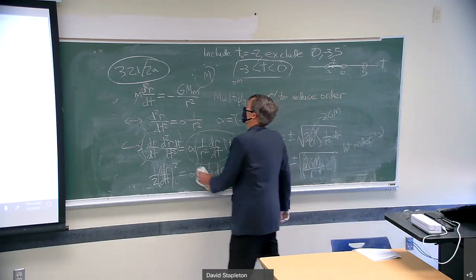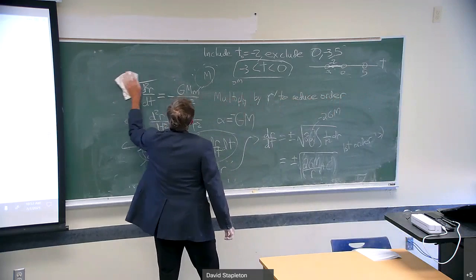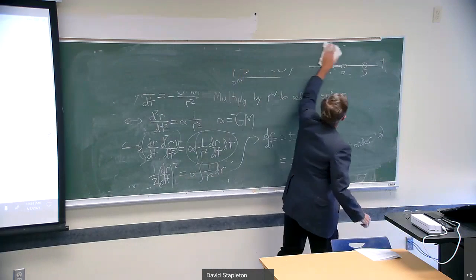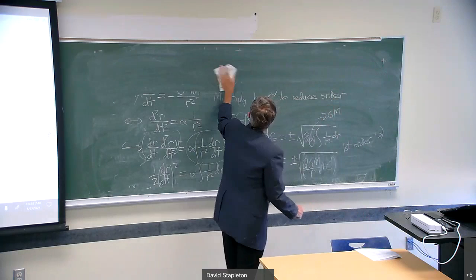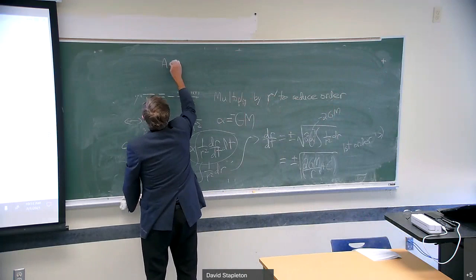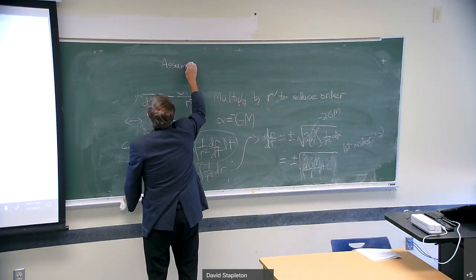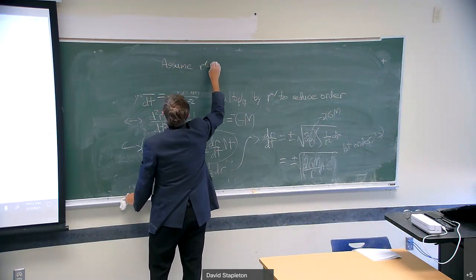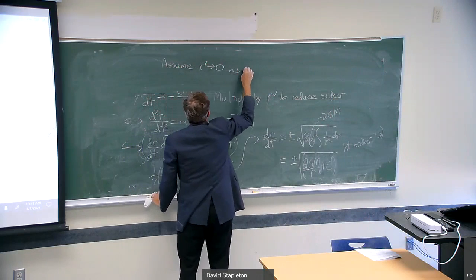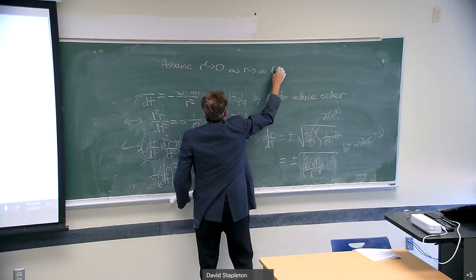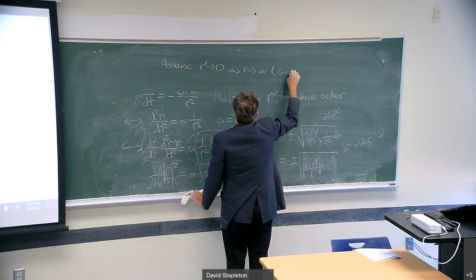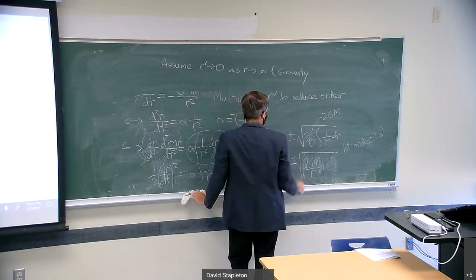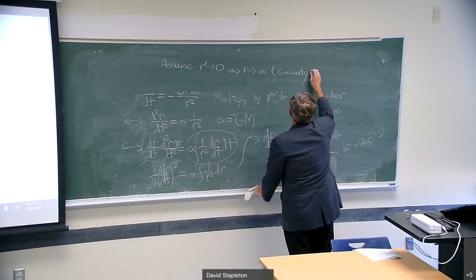If you assume, I should put this on there, assume that r prime goes to 0 as r goes to infinity for gravity. Gravity goes to 0 as you go to infinity. That tells you that c equals 0 in here.